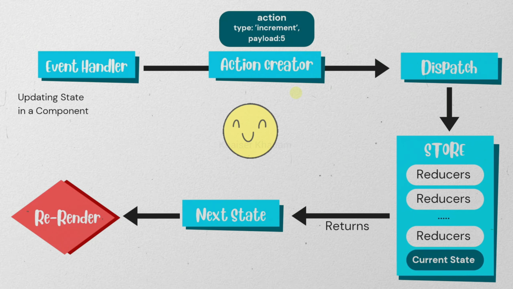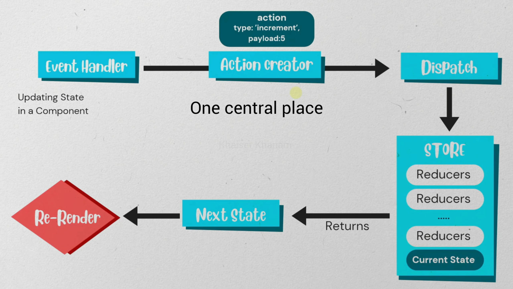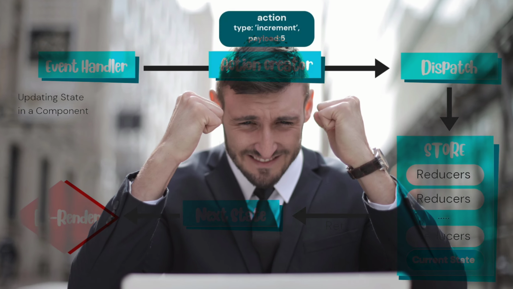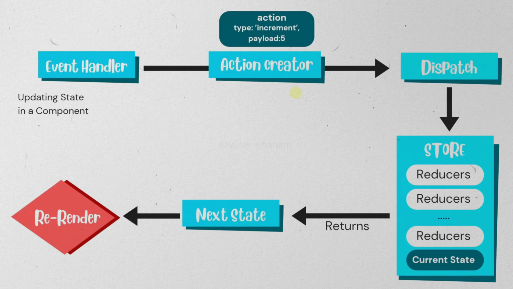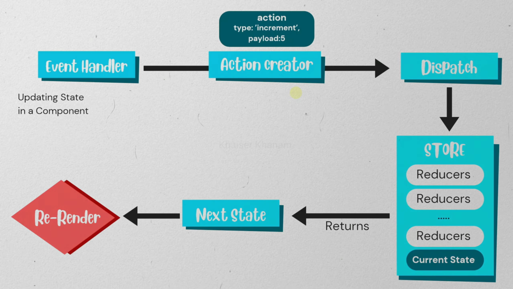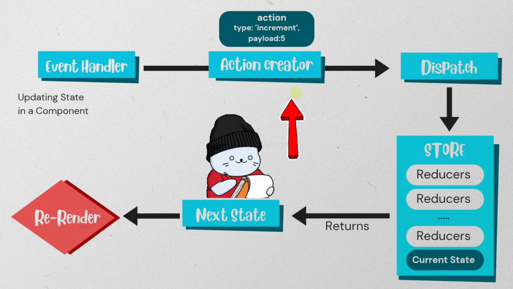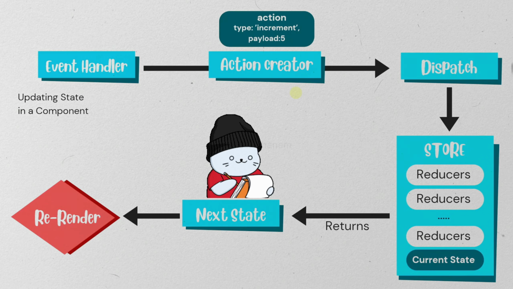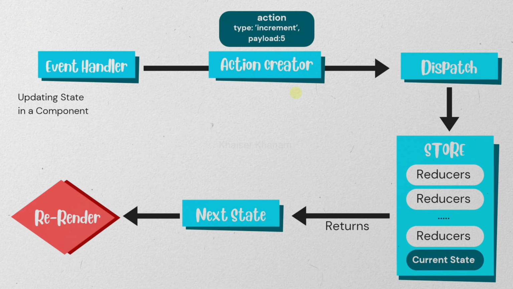This has the very big advantage of keeping all the actions in one central place, which reduces lots of bugs because developers don't have to remember the exact action type string. So that is the reason we create an action creator, which in turn returns the action for us. Just make a note, this action creator is optional and it is not a feature of Redux. But in the real world, this is how we create actions in Redux.